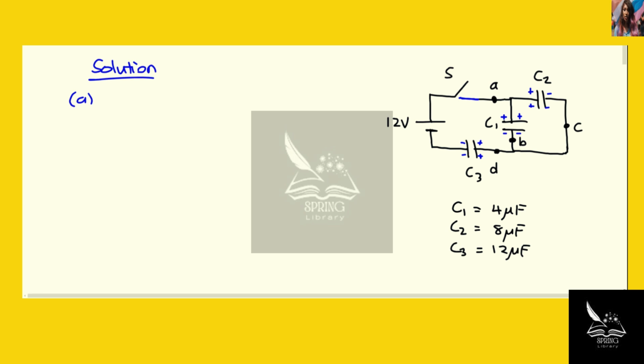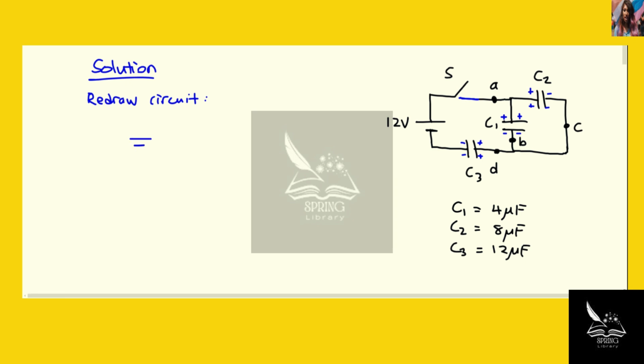To find the number of electrons that travel through points A, B, C, and D, what we can do first is to redraw the circuit by trying to find the equivalent capacitance.